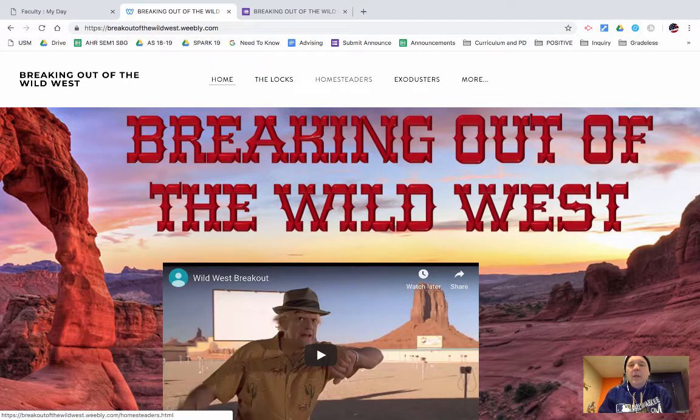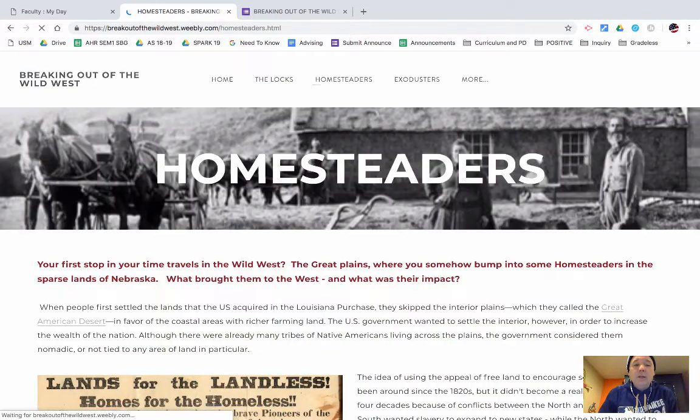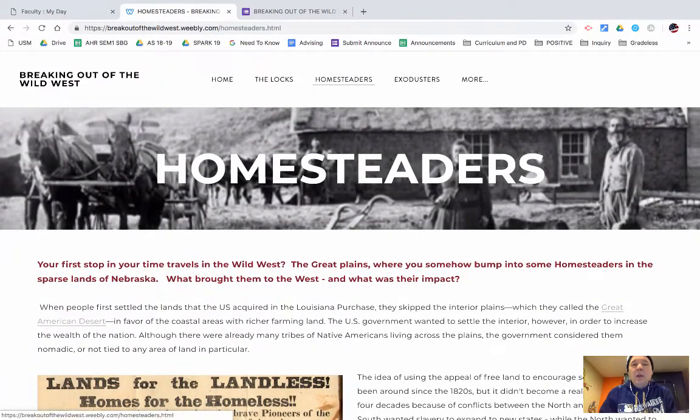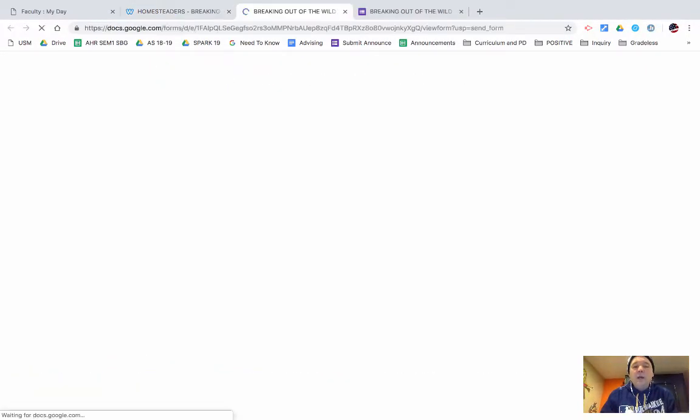See those? Now, they're not necessarily in order. For example, homesteaders here, there is a clue on here that will be one of the locks. And so you can read about it, add to your notes, and then try to figure out which lock it opens.